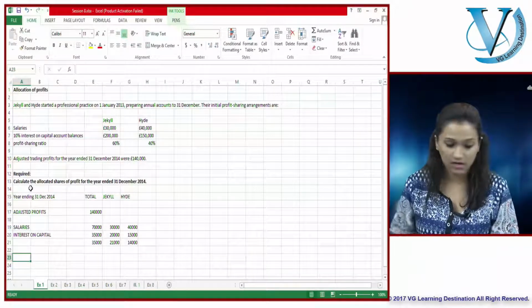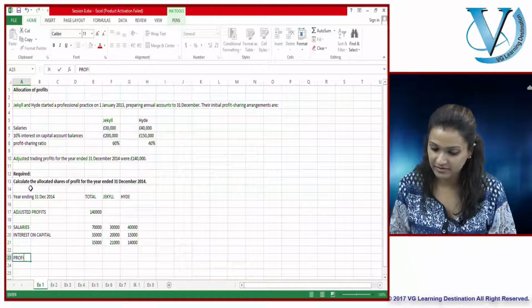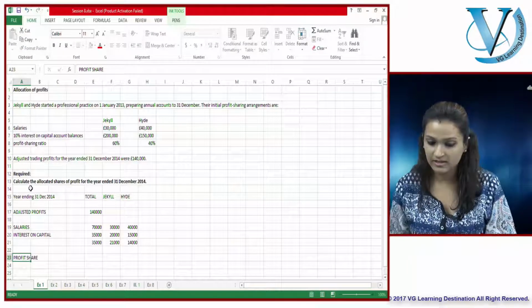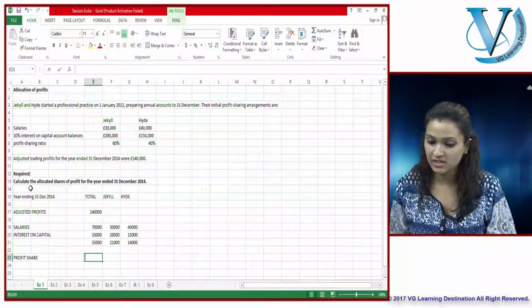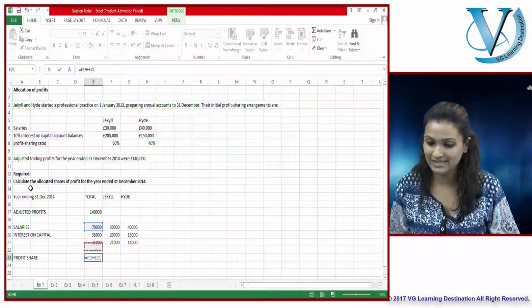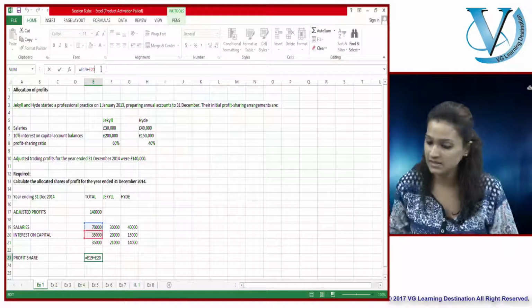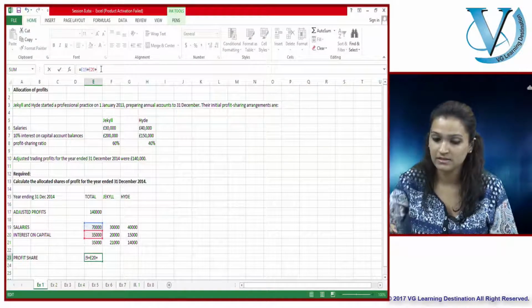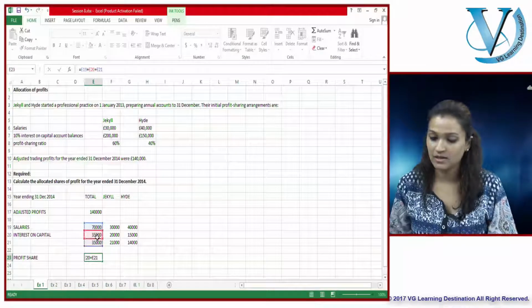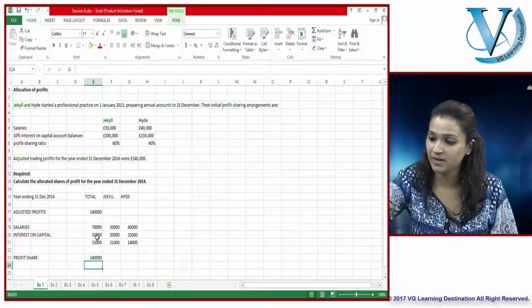Thus the total profit share equals how much? It equals 70,000 plus 35,000, plus 140,000 pounds.